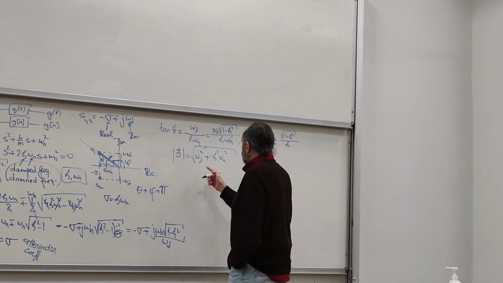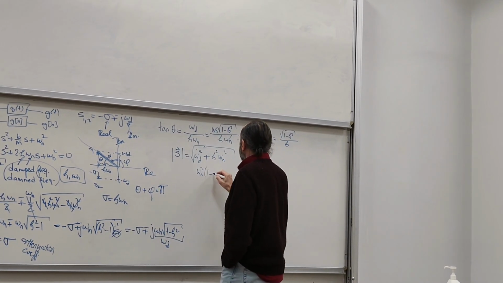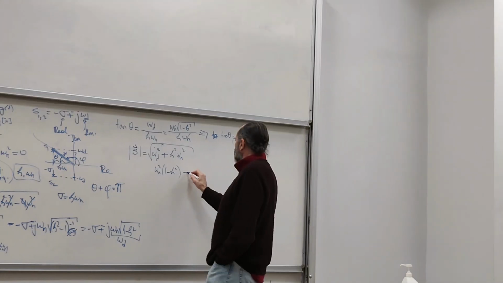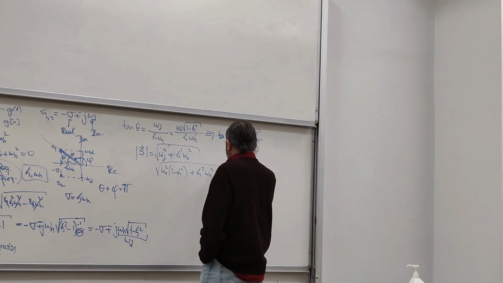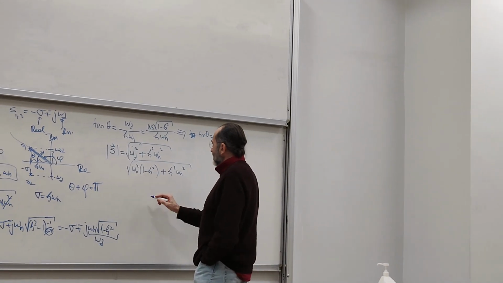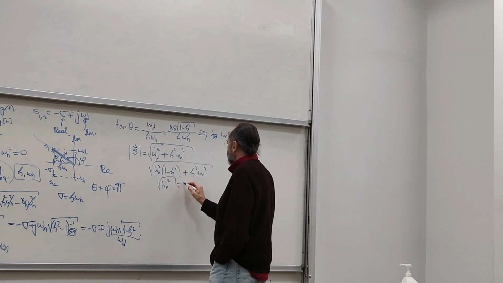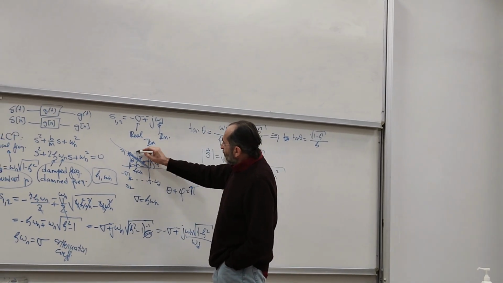And omega d squared is going to be omega n squared times 1 minus zeta squared, plus zeta squared omega n squared, you take the square root of it. And this and that cancel, only omega n squared stays, and you take the square root, you get omega n. So that length is equal to omega n.